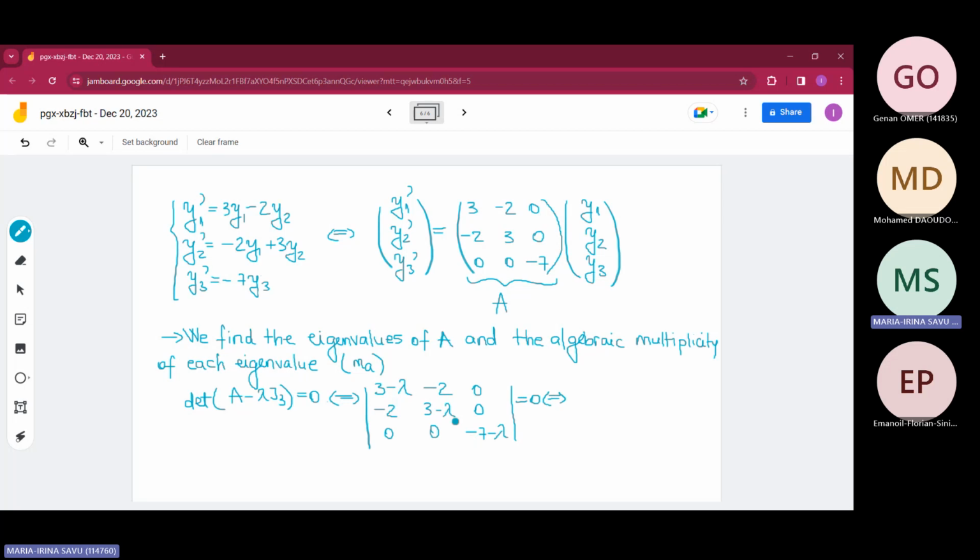How do you compute such a determinant? We develop by the last column or last row. Yes, it doesn't matter, exactly. So you have minus 7 minus lambda times minus 1 to the power 3 plus 3, yes, because this is on line 3, column 3, times this determinant equals 0.